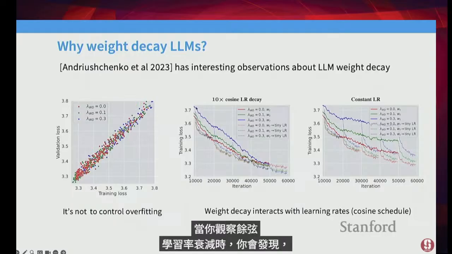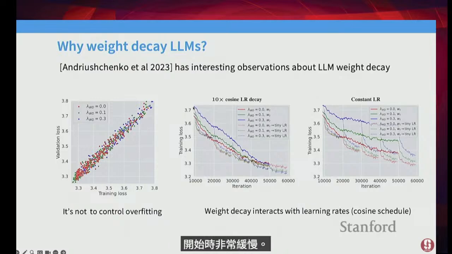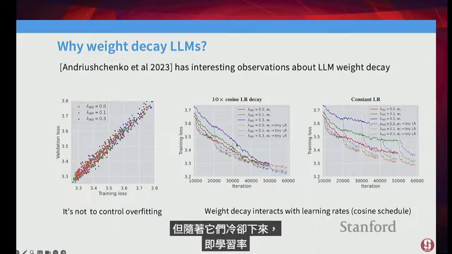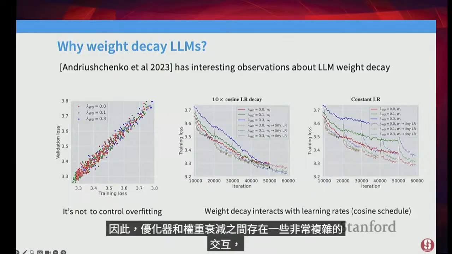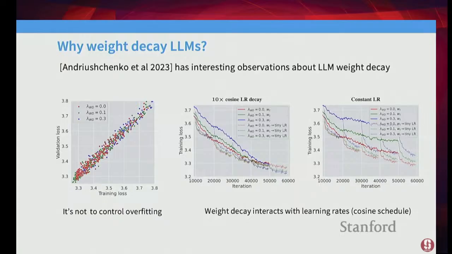And when you look at cosine learning rate decay, the models with high weight decay start out very slow, but then as they cool down, that is, as their learning rate decreases, they very rapidly optimize.